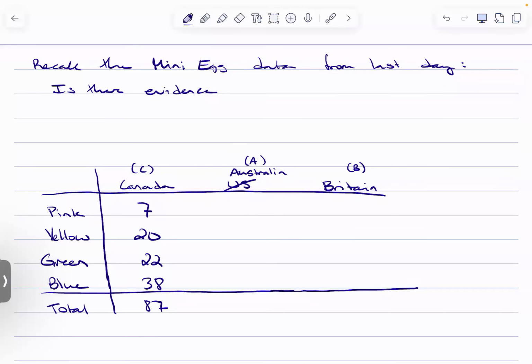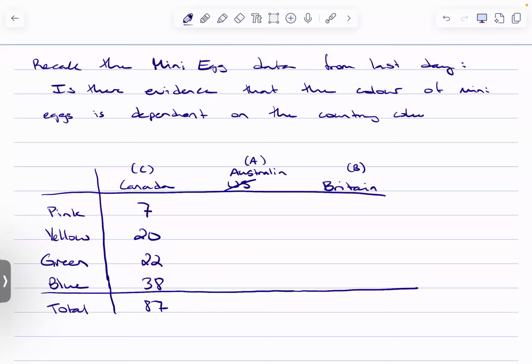Is there evidence that the color of mini eggs is dependent on the country where we purchase them?